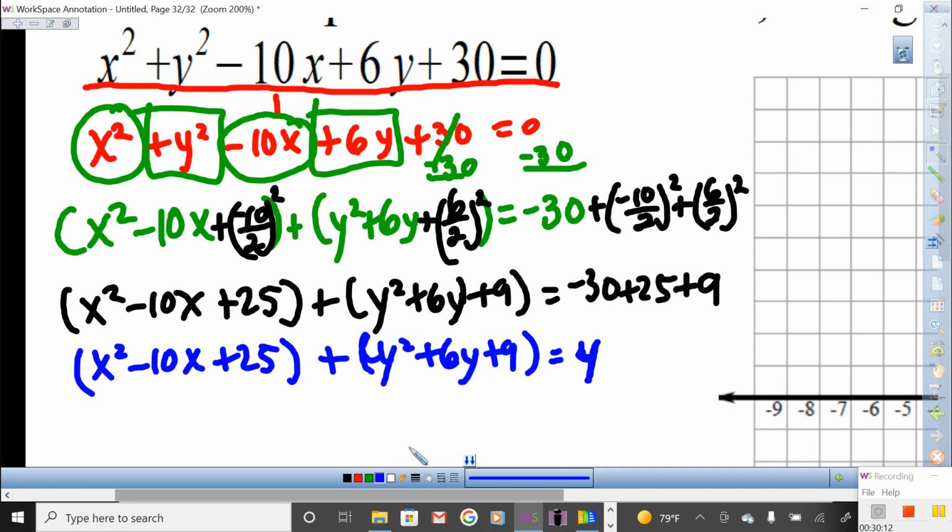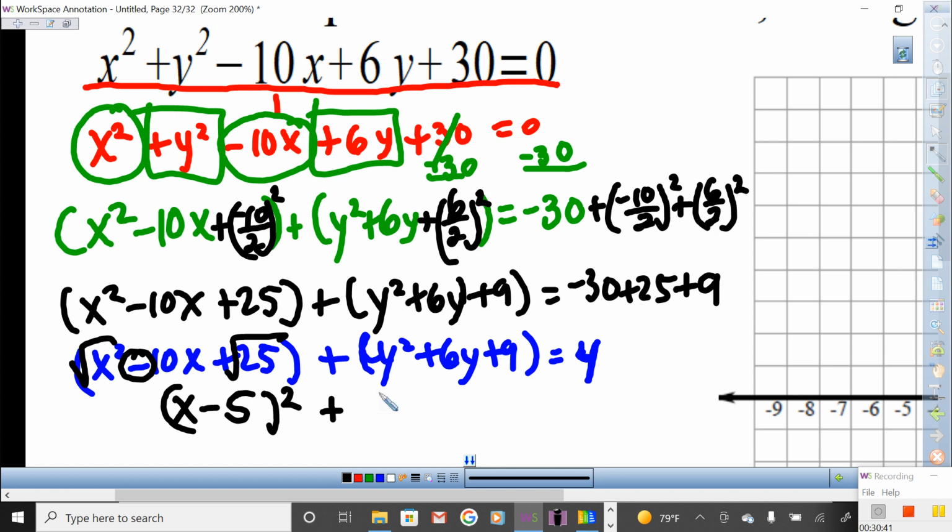Okay. So your brain still wants to keep going, yeah? So, how would I factor this one right here? Square root of the first, square root of the last, sign of the middle, squared.